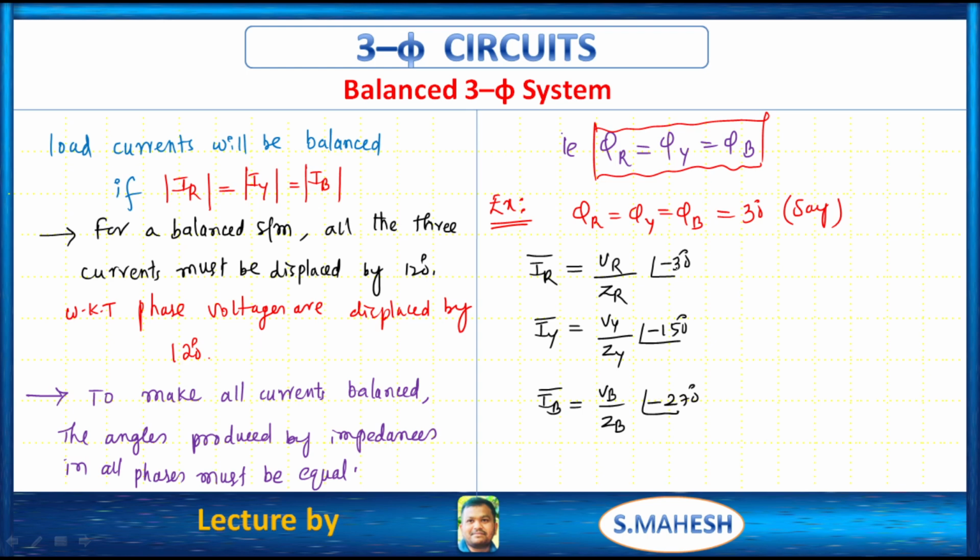270. See, at any case, the angle between IR and IY is what? 120. IY, IB is what? 120. Between IR and IB is also 120. So they are displaced by 120 degrees apart.